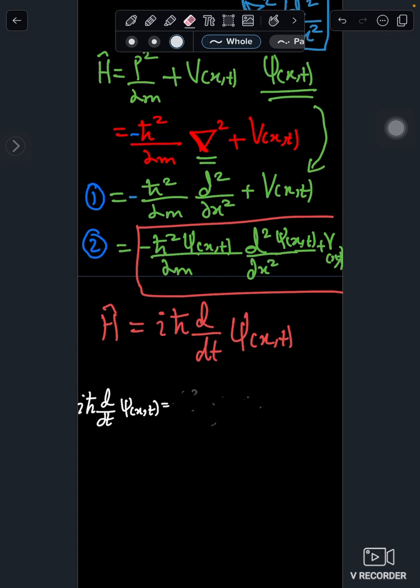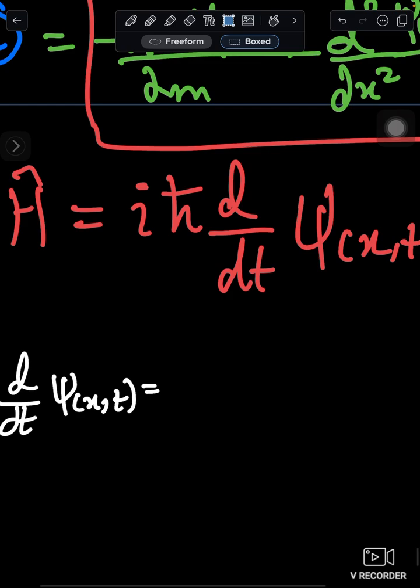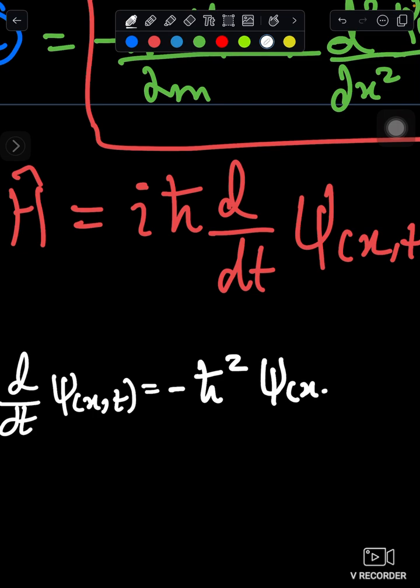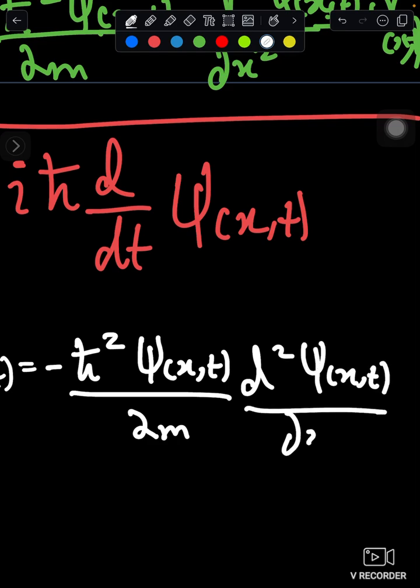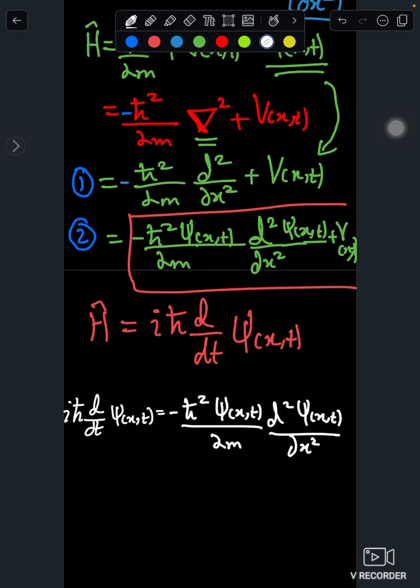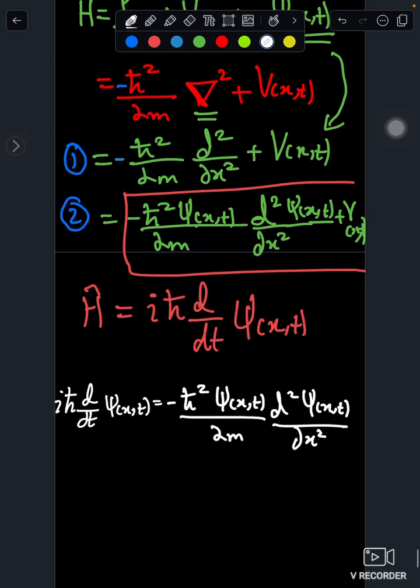We'll just simplify this to minus h bar squared over 2m, d squared over dx squared, plus V of x and t with psi of x and t.